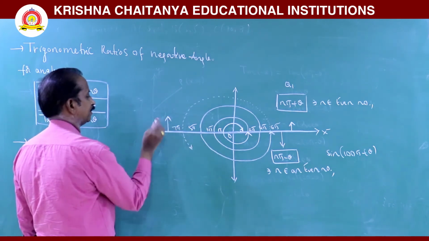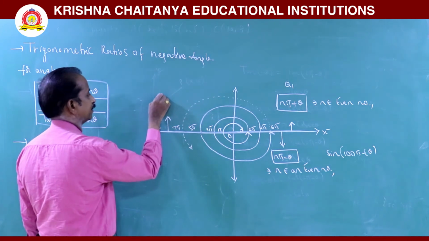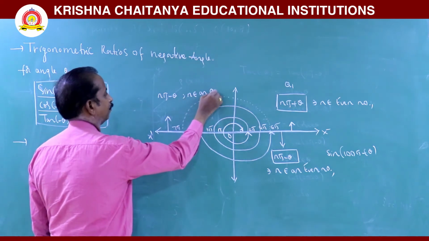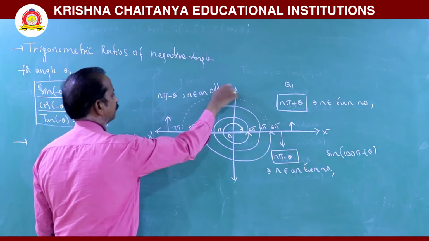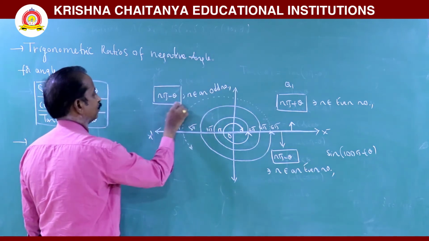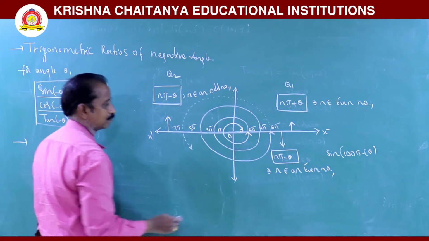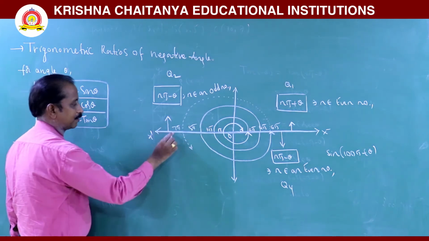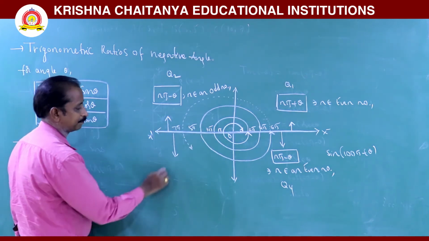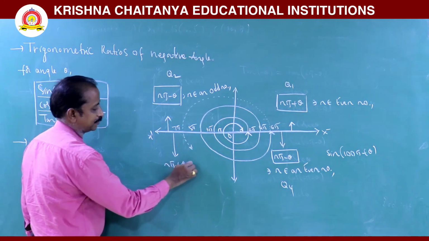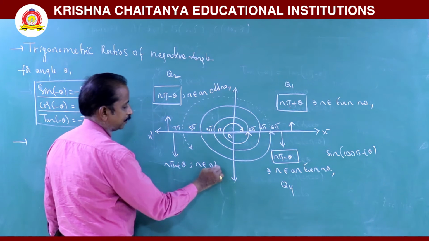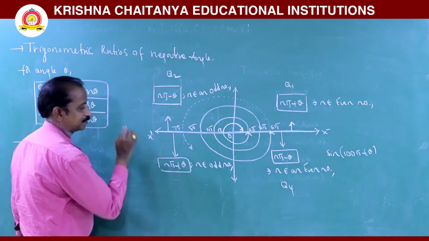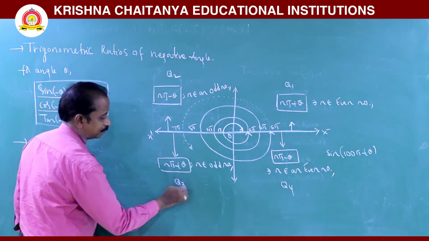Odd number of pi minus theta, n pi minus theta such that n belongs to an odd number, lies in the second quadrant. The even case is the fourth quadrant. And now odd number of pi plus theta, n pi plus theta such that n belongs to an odd number, lies in quadrant 3, the third quadrant.